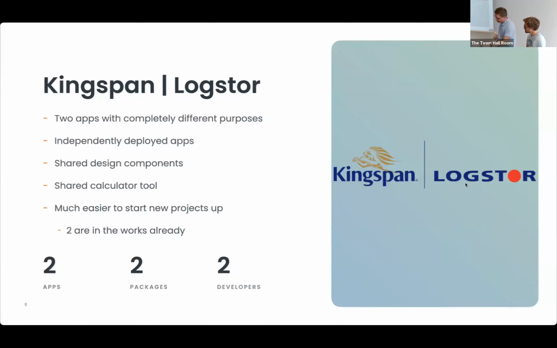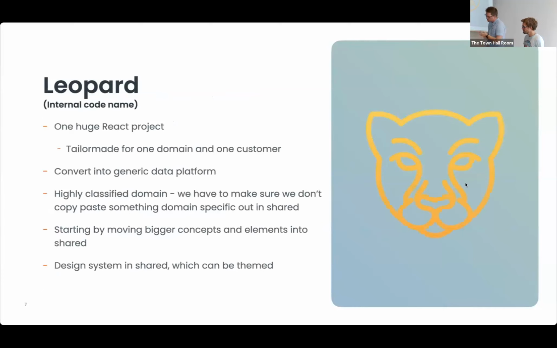Let's sum up one of the small changes in setup we did. A bigger one is a tool with the internal code name Leopard. It's one huge React project, 5-6 years old and actively being developed in all those years. It's tailor-made for one domain, one customer, and everything is custom.